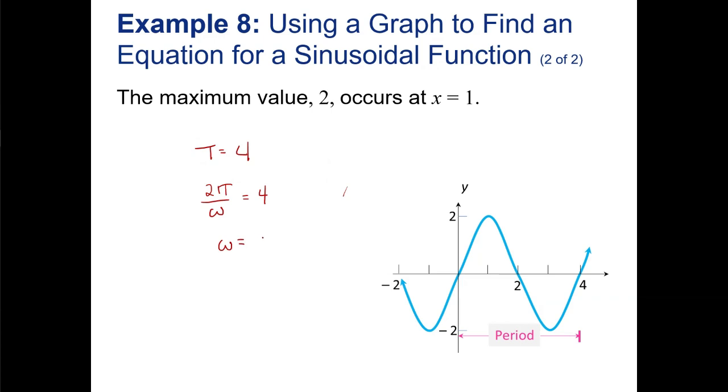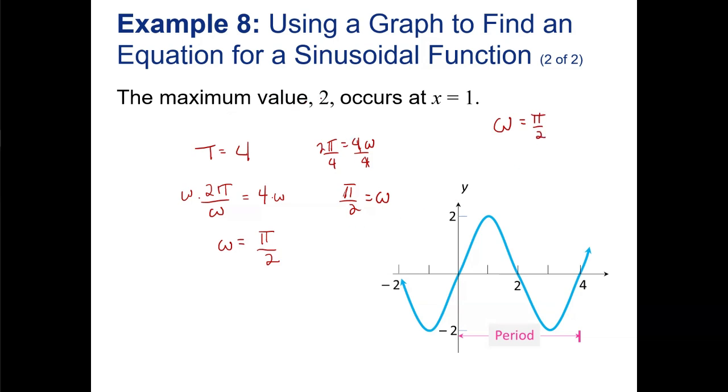If we solve this for omega, multiply both sides by omega, we have 4 times omega. 2 pi is equal to 4 times omega. Divide both sides by 4. 2 over 4 reduces to 1/2. So that becomes pi over 2 equals omega. Okay, so omega equals pi over 2.